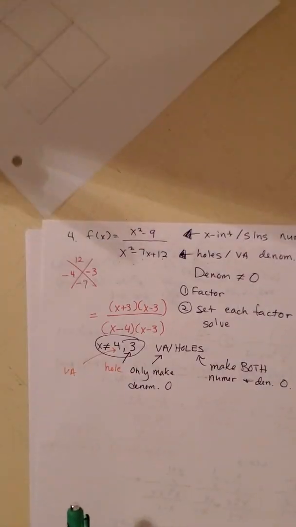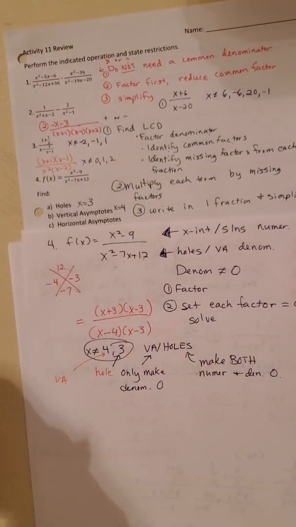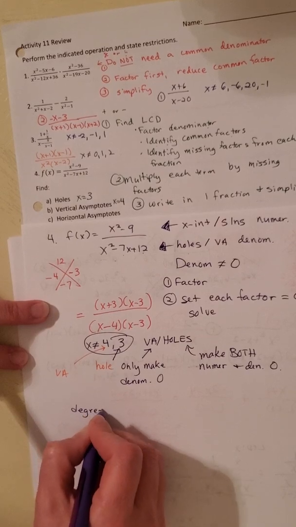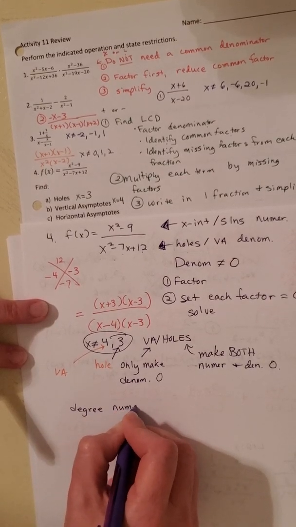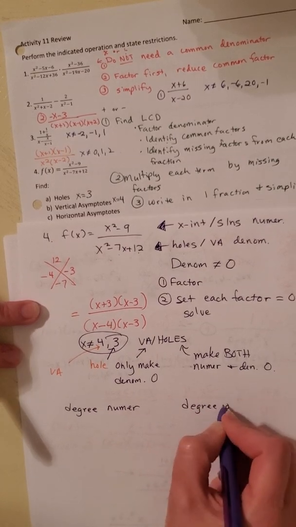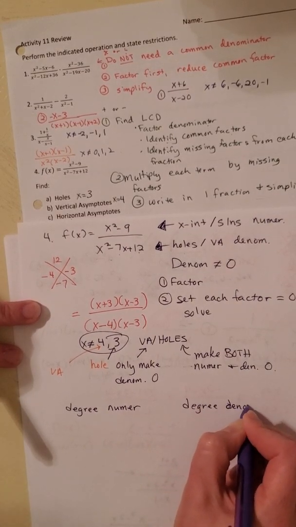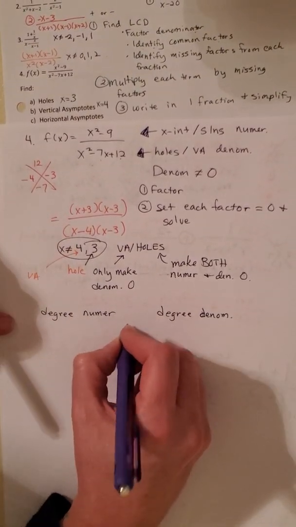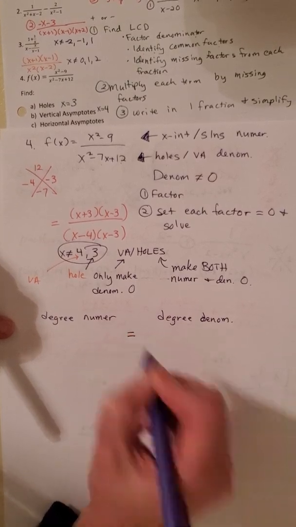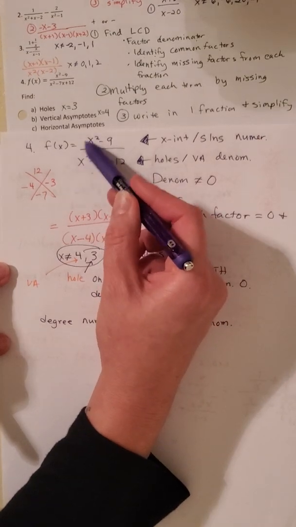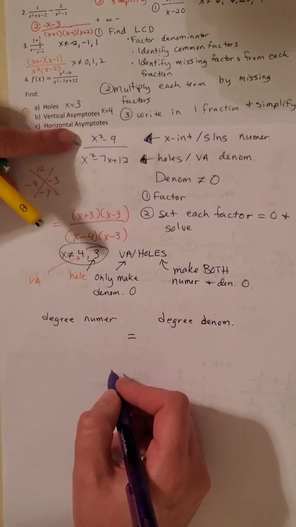All right. Now, horizontal asymptotes are a little different. Horizontal asymptotes of the graph, there's 3 rules. You look at the degree of the numerator versus the degree of the denominator. All right, if the degrees are equal, then you're going to look at the leading coefficients, which are 1s.